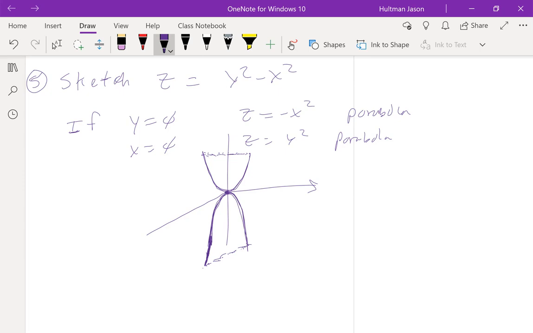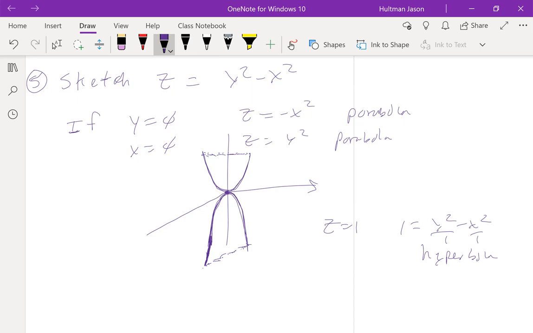So we're going to do a trace of z equals 1. When z equals 1, we get 1 is equal to y squared minus x squared. And that's a hyperbola. That's a y-facing hyperbola.